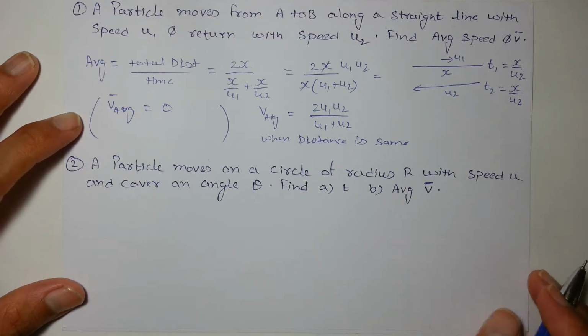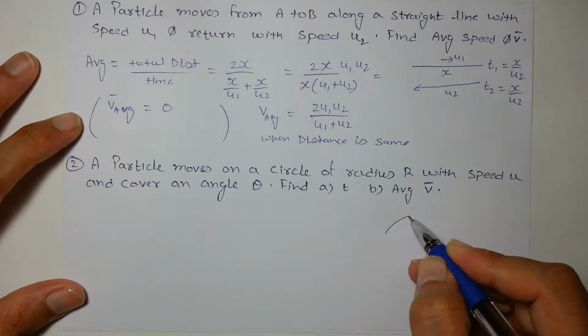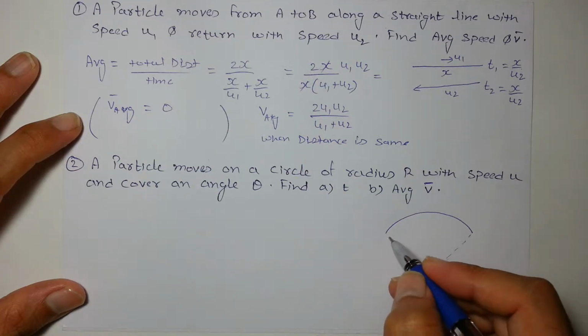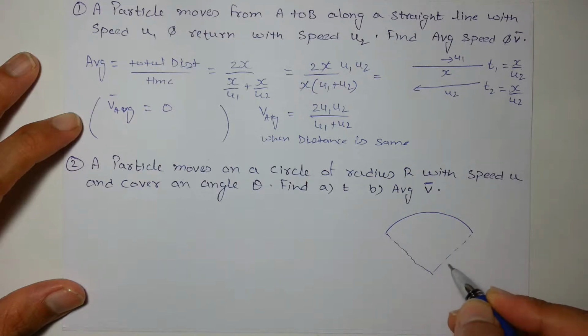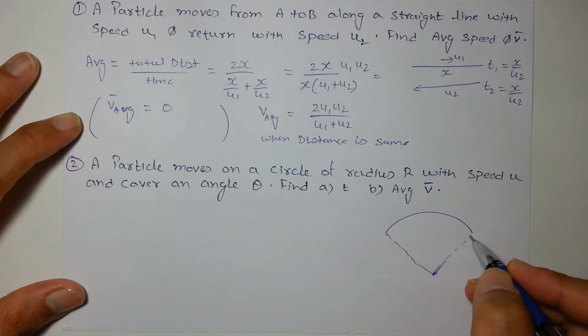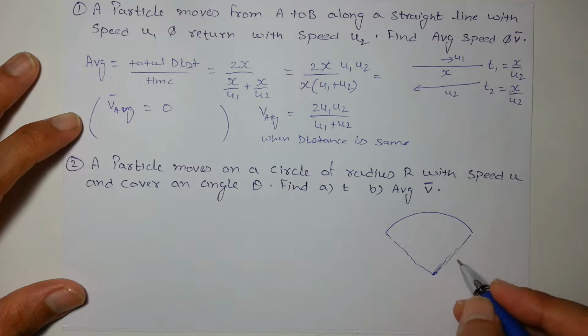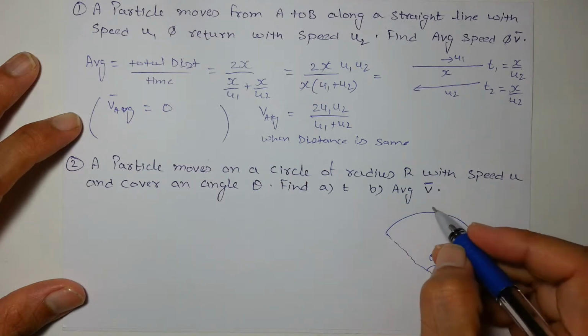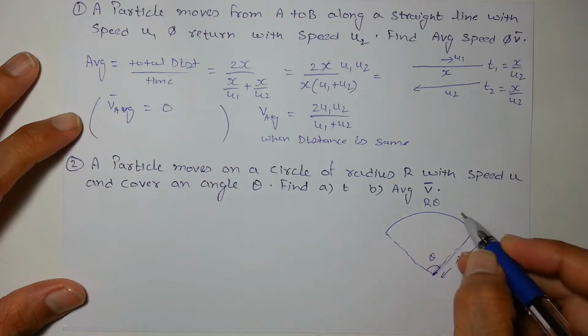In this diagram, we can say that the particle is moving on an arc. So let's form the circle. This is the circle, this radius is r, and this angle is theta. So it has covered a distance of r theta.